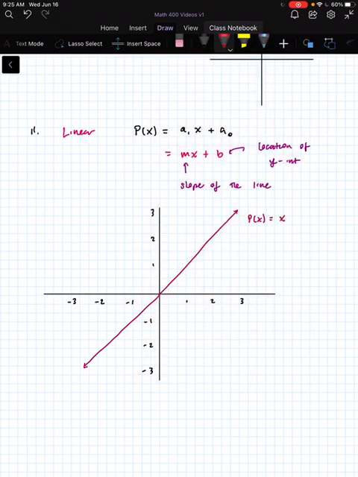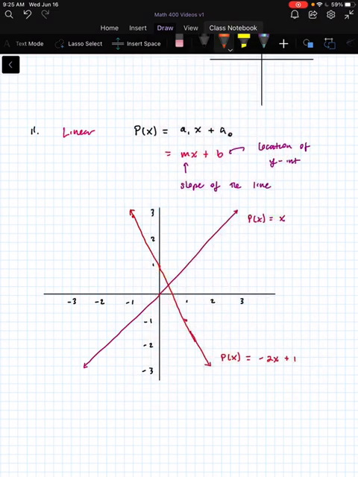We also have something like this linear function, which is p of x equals negative 2x plus 1. So the slope is negative 2, and the y-intercept is (0, 1).